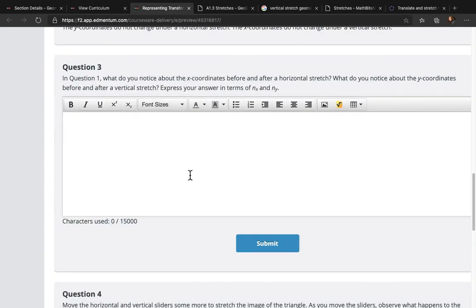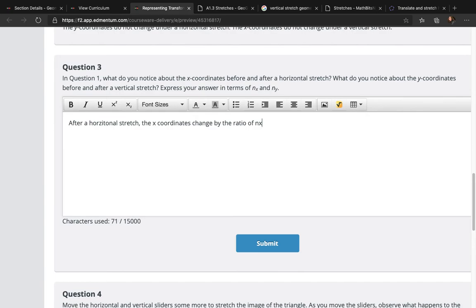Next, question 1, what do you notice about the x coordinates before and after a horizontal stretch? What do you notice about the y coordinates before and after a vertical stretch? Express your answers in terms of n sub x and n sub y. So they're asking, how do my x coordinates change after a horizontal stretch? I'm going to say the x coordinates change by the ratio of n sub x.